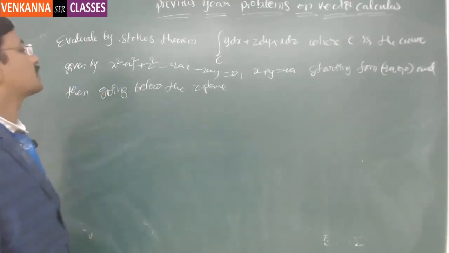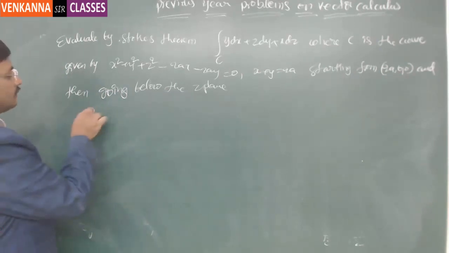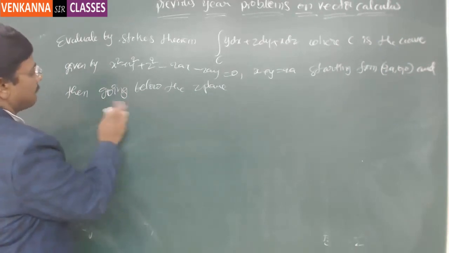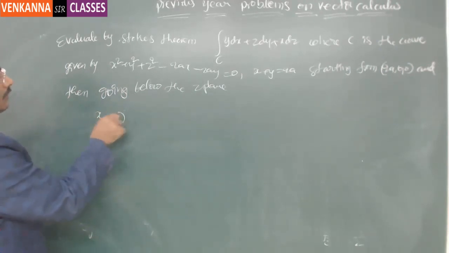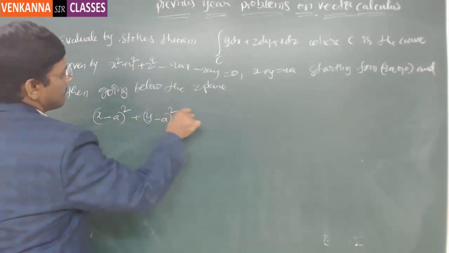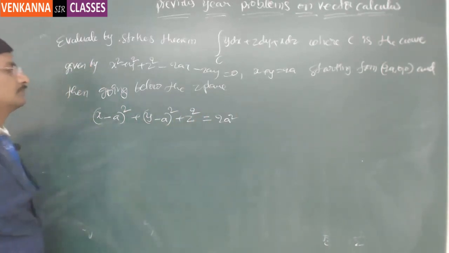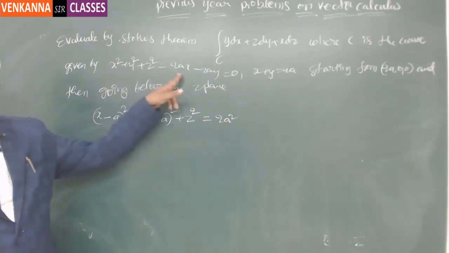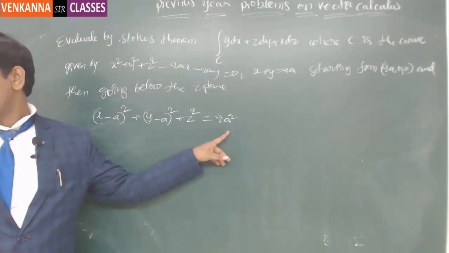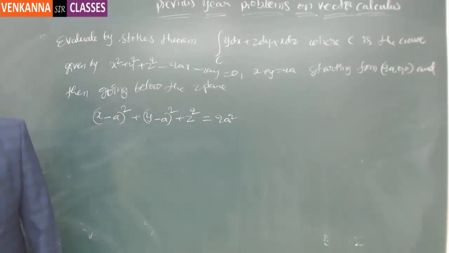See this, x square plus y square plus z square minus 2ax minus 2ay is equal to 0. Then this equation can be further simplified as x minus a whole square plus y minus a whole square plus z square is equal to 2a square. Can I do this? These two together will form x minus a whole square minus a square, so that goes to the other side.